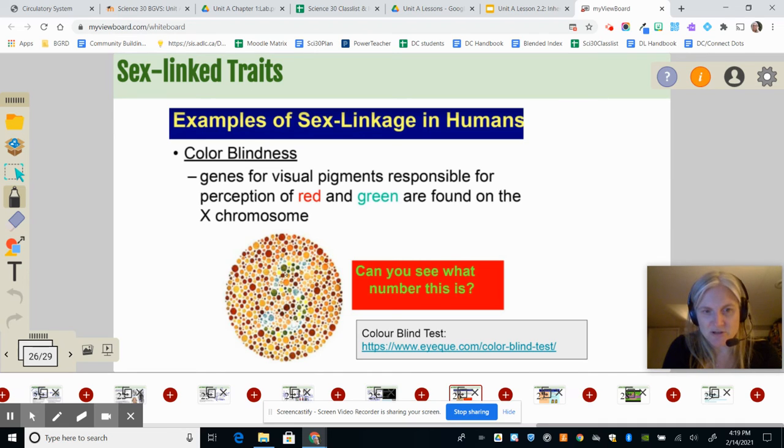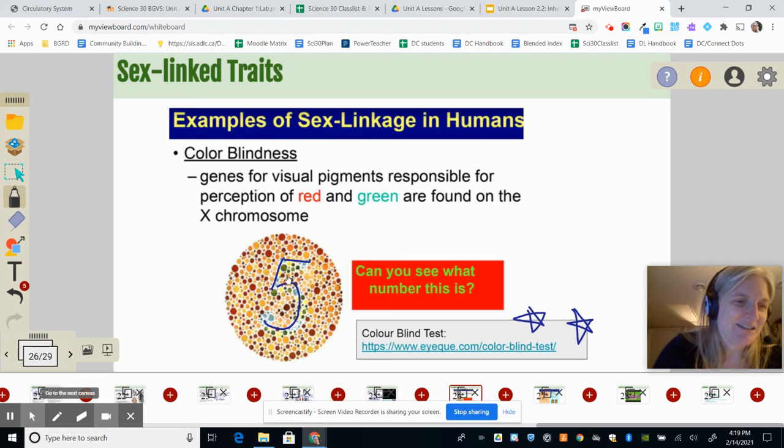There are some tests if you want to go check. If you can't see what number is in that circle, you might want to go check this colorblind test. Sometimes people don't find out until much later in life, like your age right now, that they're actually colorblind. So it's kind of interesting. Can you see the number here? If you can, yes, it's a 5. If you can't, then go check out that colorblind test.